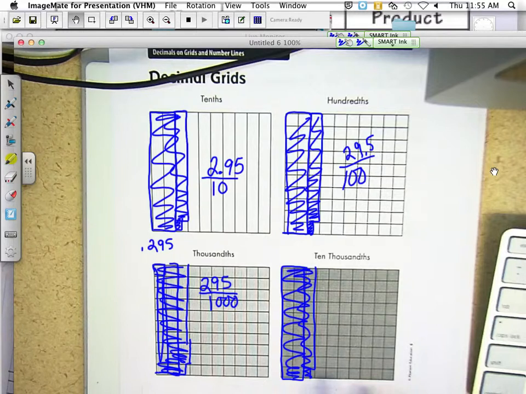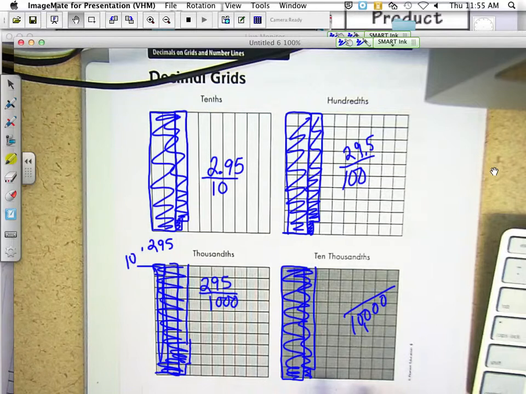Out of 10,000 here, we have to figure out how many are in each little one, right? If there are 10 in this little square, how many are in this little square to equal 10,000?